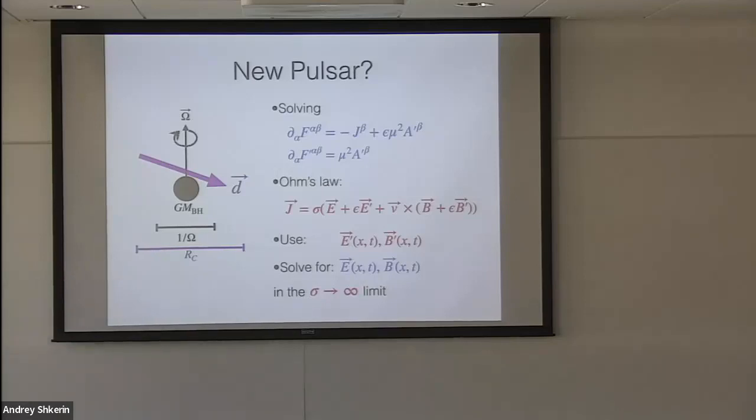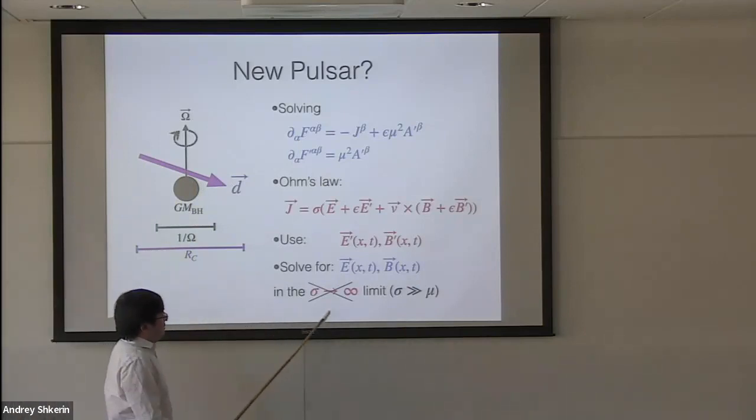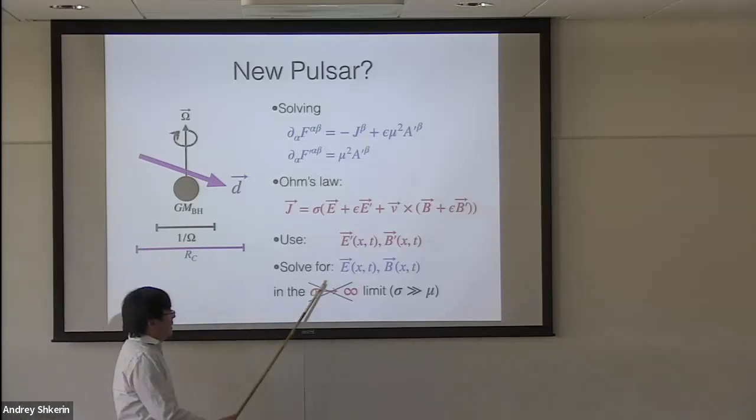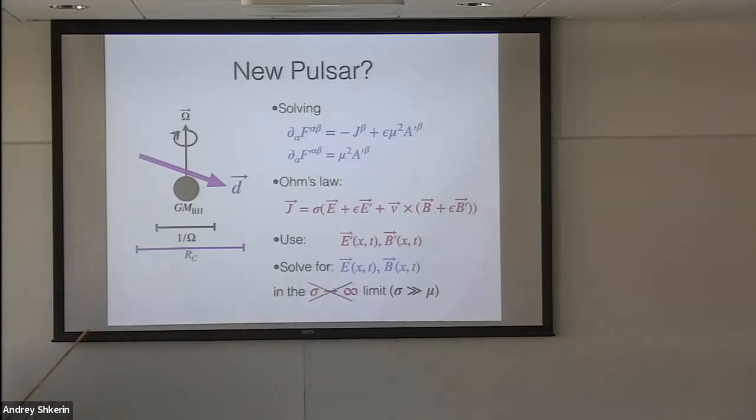Originally, we were also trying to solve it in the sigma going to infinity limit, and then we quickly realized this is impossible because the system that we have wants to always be electric field dominant. As I was telling you earlier, the cloud wants to produce a system which is mostly electric field, and due to the insufficiency of the shielding mechanism, it is very hard to maintain a magnetic dominated region everywhere.